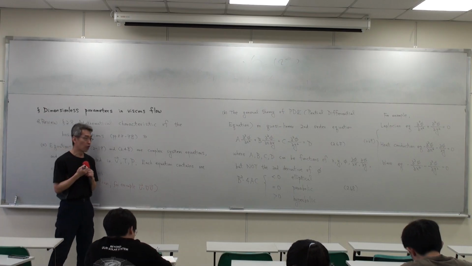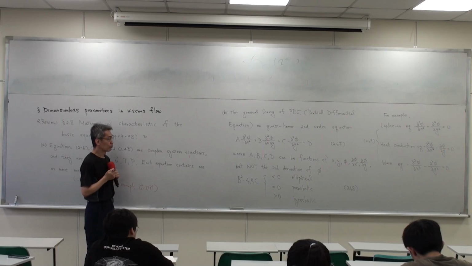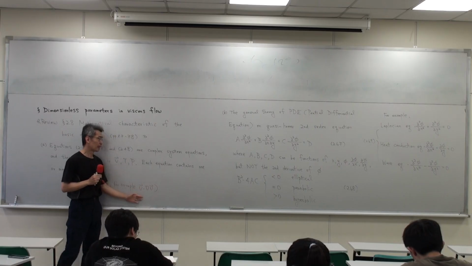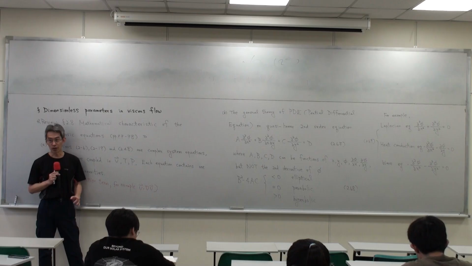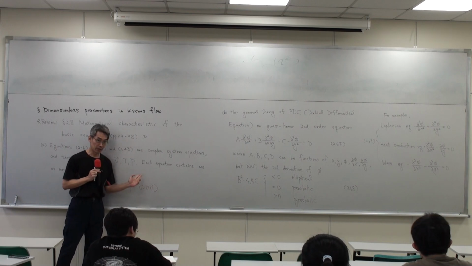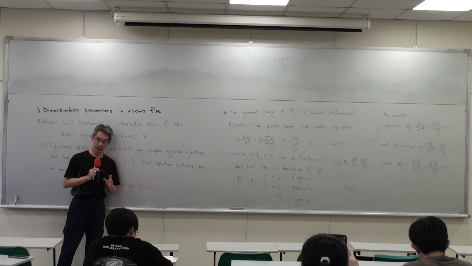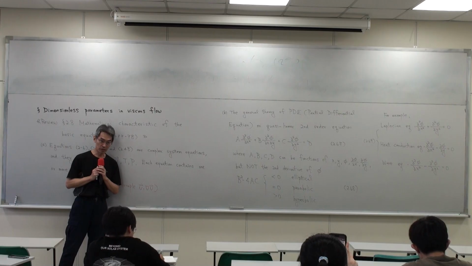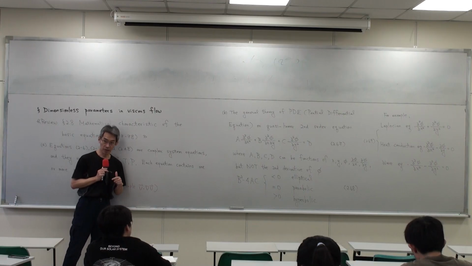Okay, so for this problem, the simple way is to make it become a linear equation. That means in some cases we will reduce the nonlinearity. To reduce the nonlinearity, you need to have some assumption. Okay?